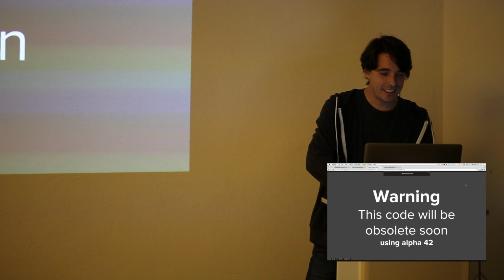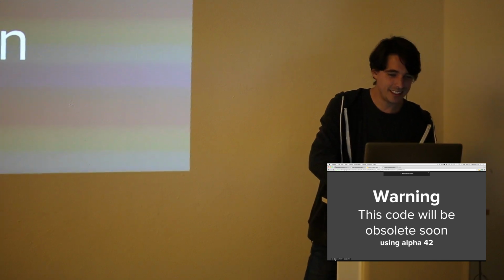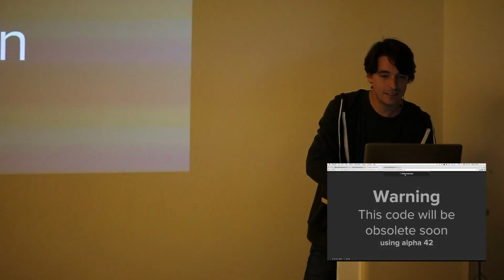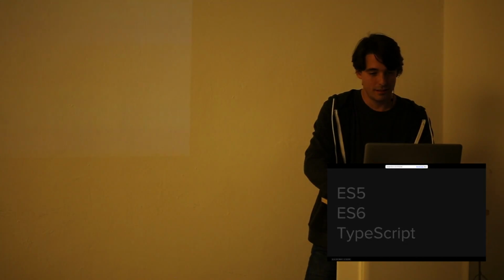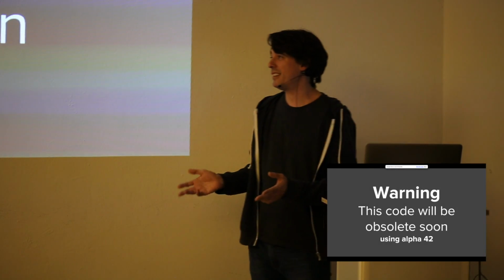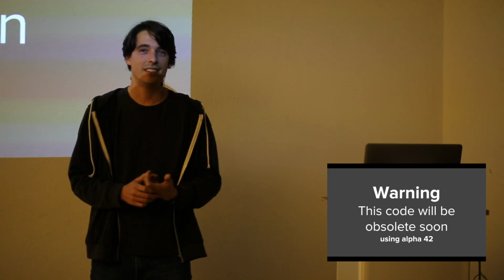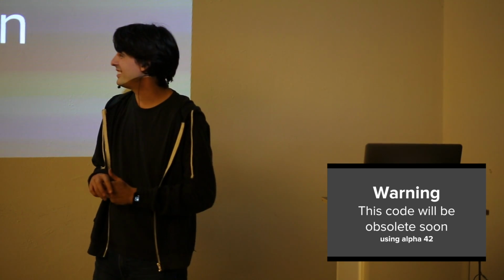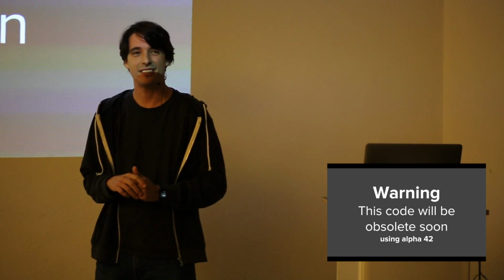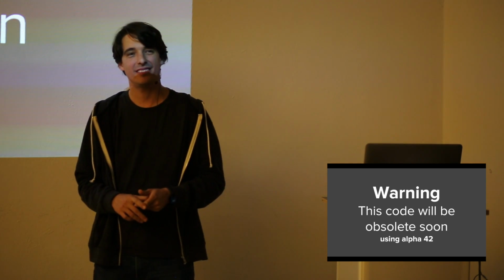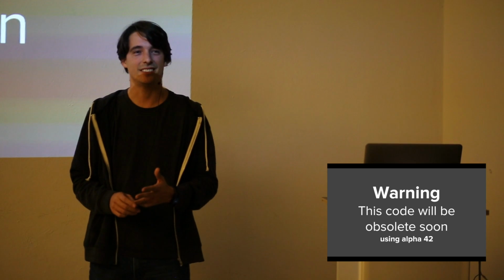So with Angular 2, the problem is like it's still in alpha. And since it's in alpha, they're working on the API. I've been using Angular 2 since version 6.5 or something like that. And every time I have to give a presentation about Angular 2, it's different.